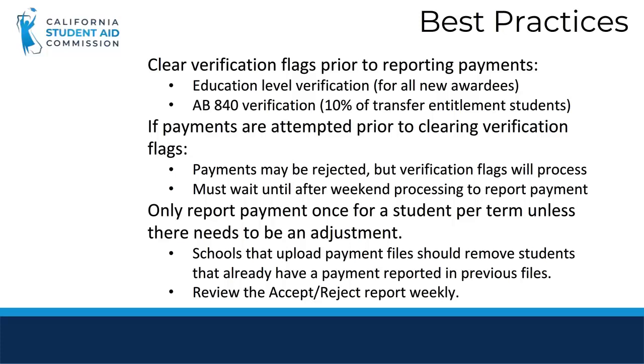If the school uses the grant roster file upload process, the school should only submit new payments and adjustments in each file. Once reported, students should be removed from any subsequent file submissions. Lastly, schools should be checking their accept/reject reports weekly to ensure that their transactions are being processed successfully. And if not, this report will give the necessary information to make corrections so the transaction can be resubmitted.